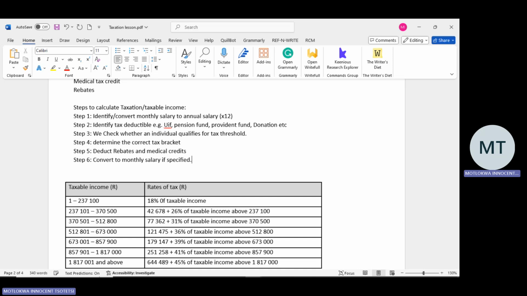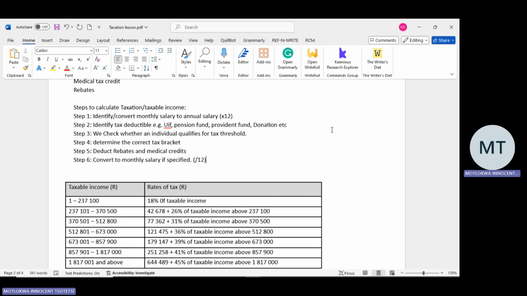Okay. So the last step is whereby after all your calculations, if the statement says calculate his monthly taxable income, for example, it means at the end you are going to divide by 12 to convert all your calculations in terms of monthly.